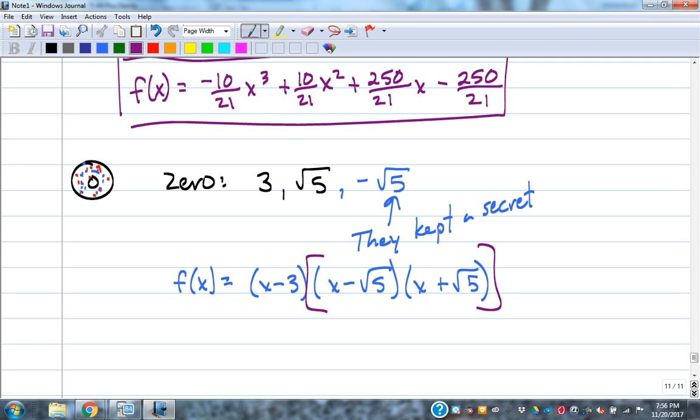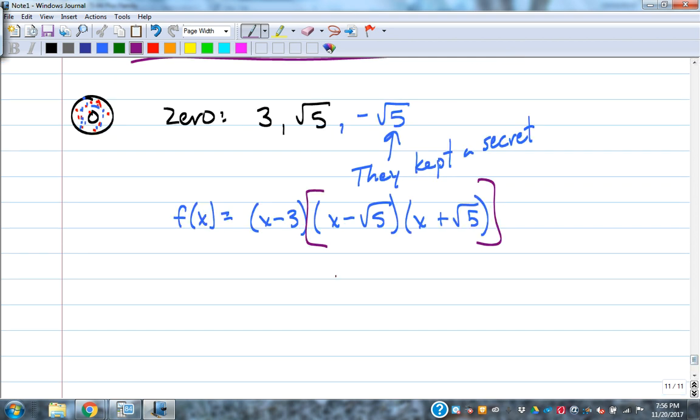When you multiply these square root ones together, the answer should not have any square roots in it. So when I multiply x times x, that's x squared still. x times square root of 5 is x square root of 5. And then negative square root of 5 times x is negative x square root of 5. Negative square root of 5 times positive square root of 5 is negative square root of 25.